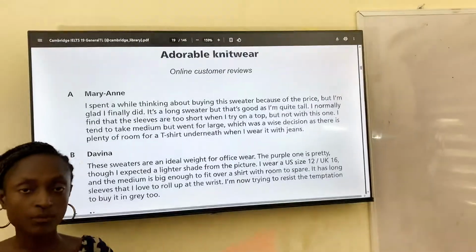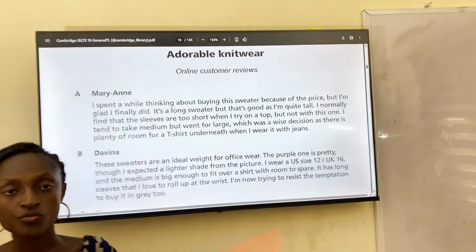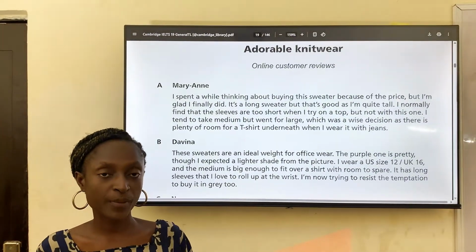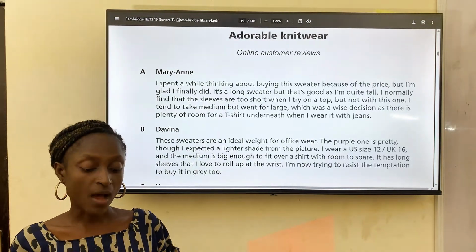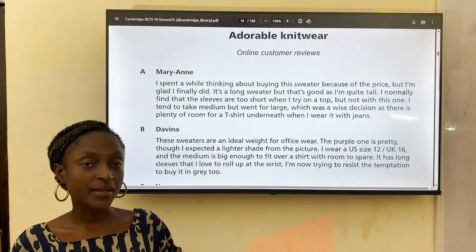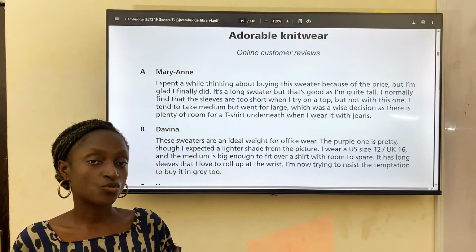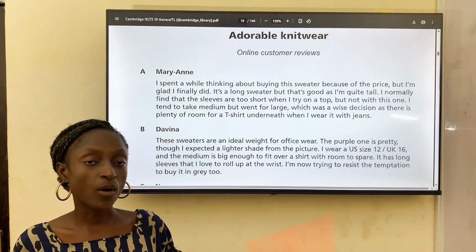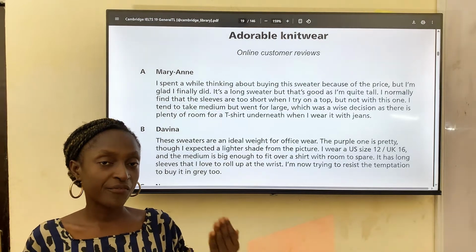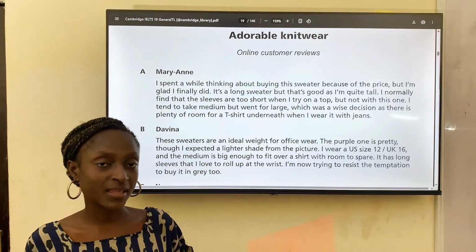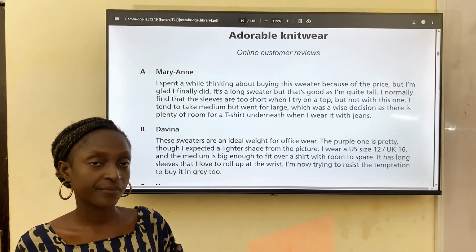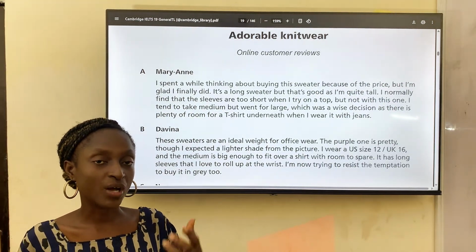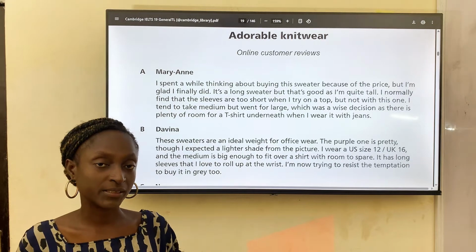When we skim, we read the first sentence and the last sentence of each paragraph, to have an idea of what the passage is all about.